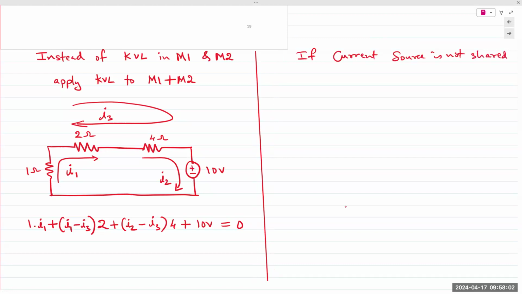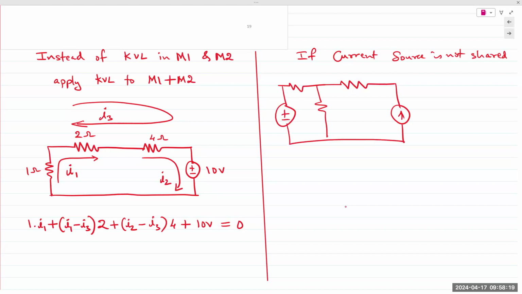Let's say the current source is not shared. As an example, again, random circuit. This current source is not shared.